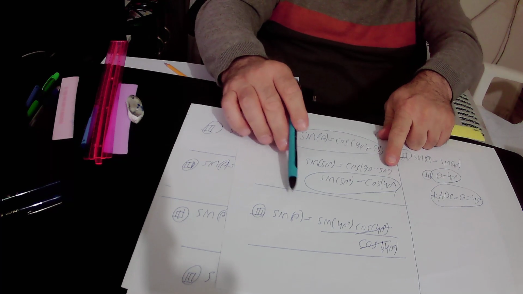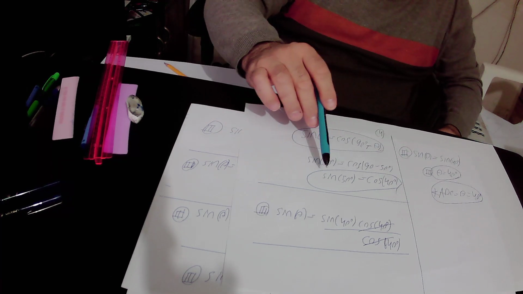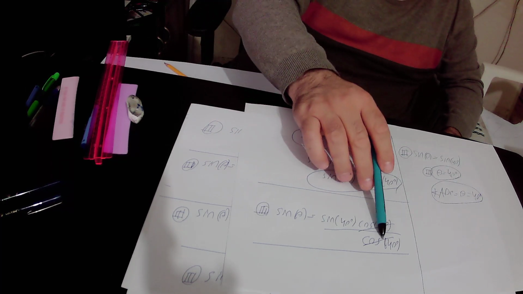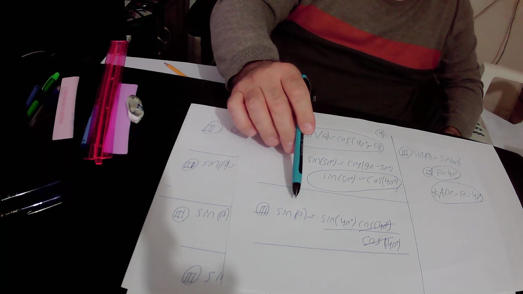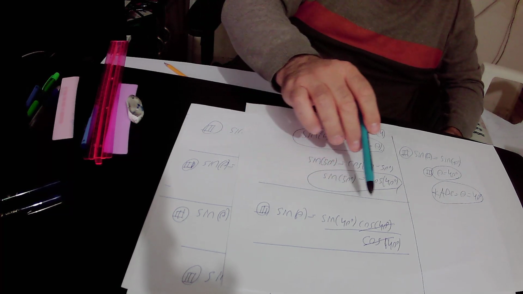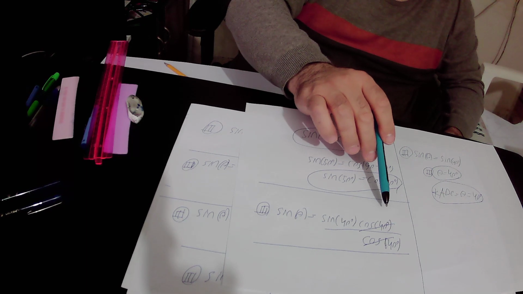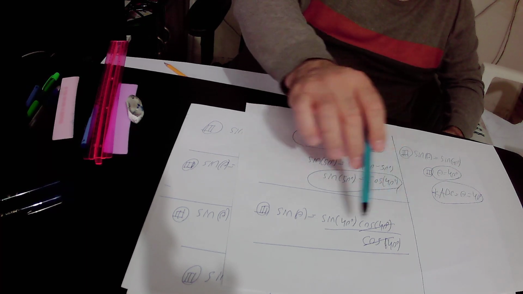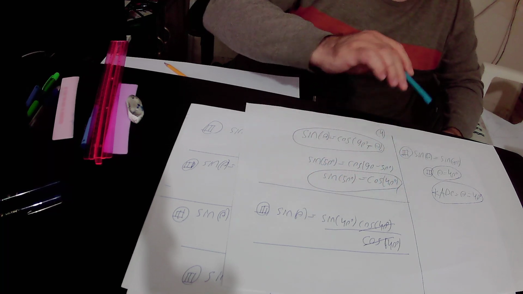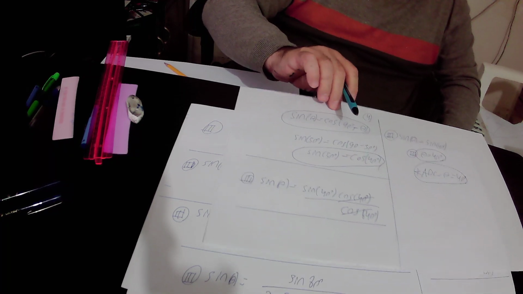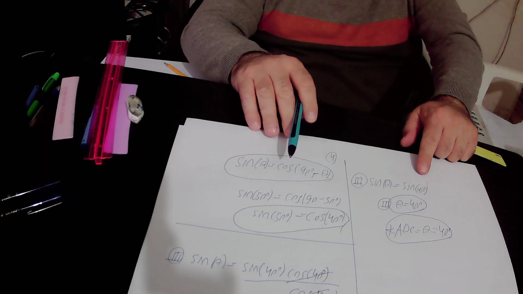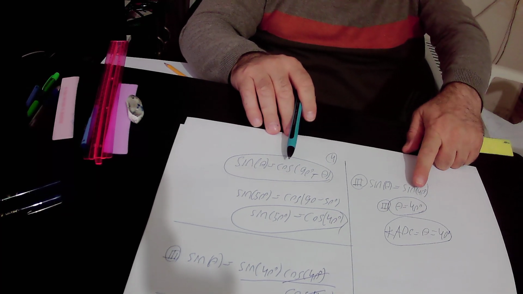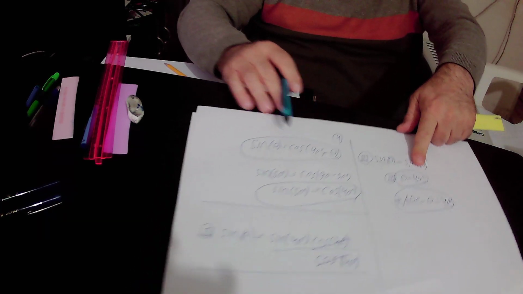So we substituted in equation number 3 sine 50 degrees by cosine 40 degrees, and we got that sine theta equals sine 40 degrees times cosine 40 degrees over cosine 40 degrees. Cosine 40 degrees over cosine 40 degrees is 1, so it will get cancelled. And we got that sine theta equals sine 40 degrees. So we found out that angle theta equals 40 degrees.